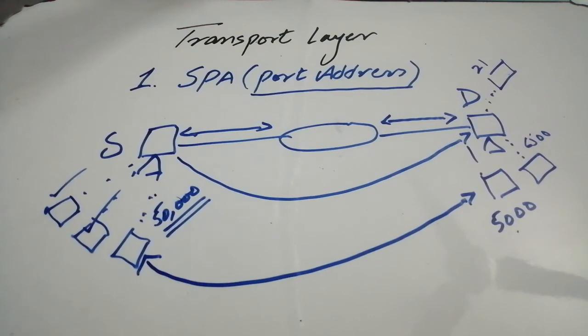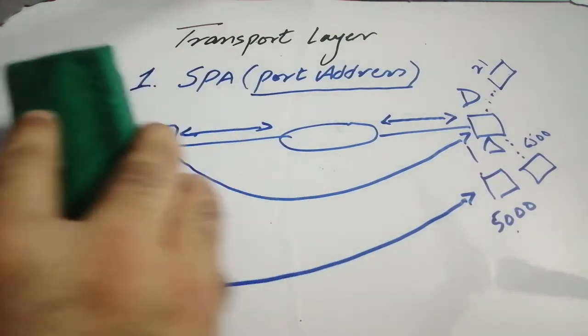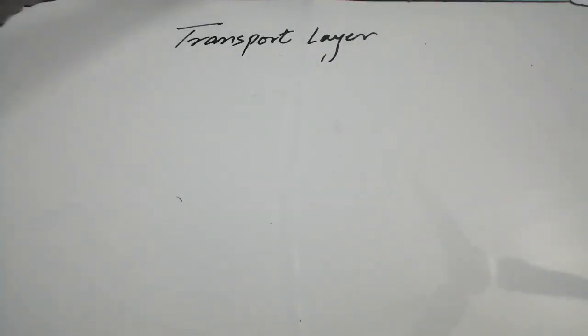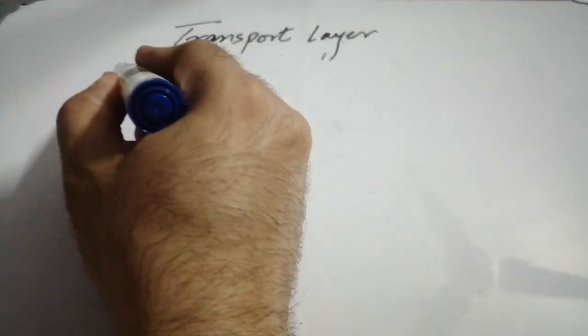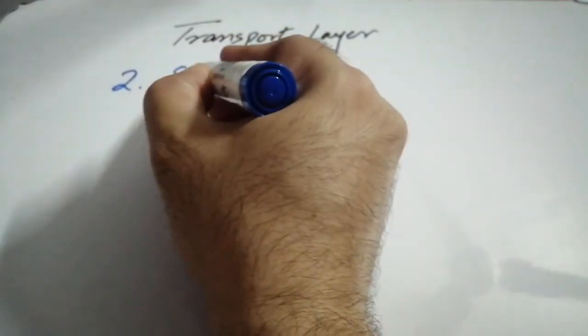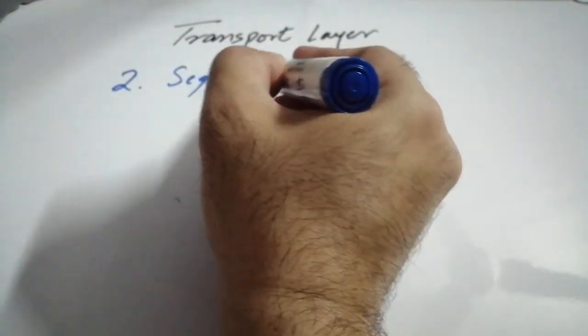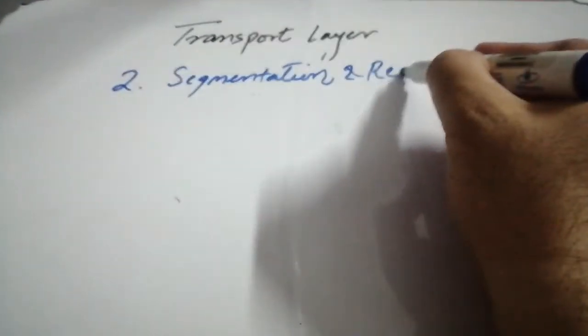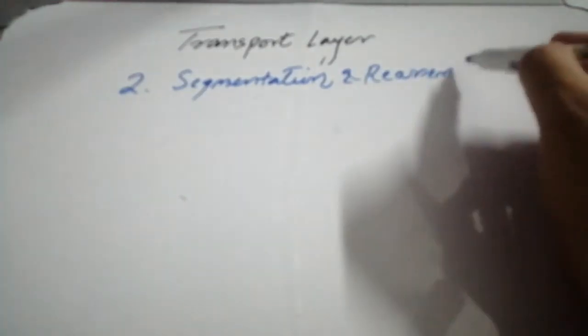Then we have the second point of transport layer, which is segmentation and reassembly.